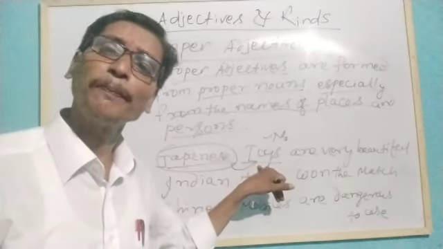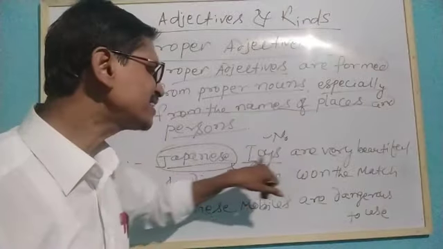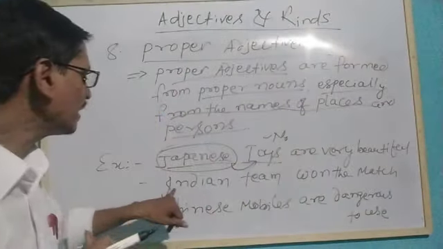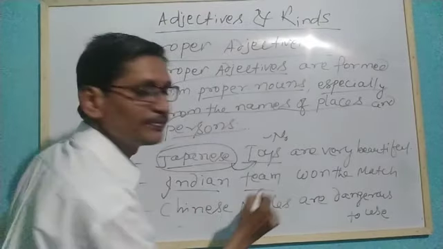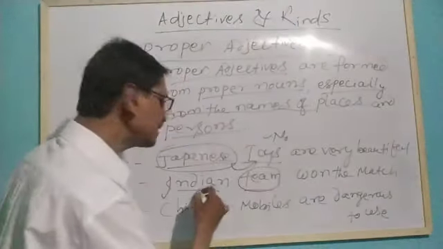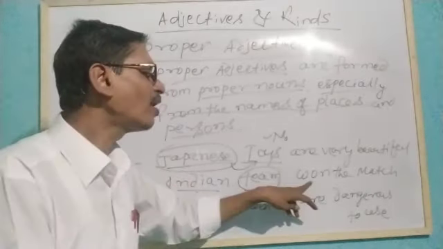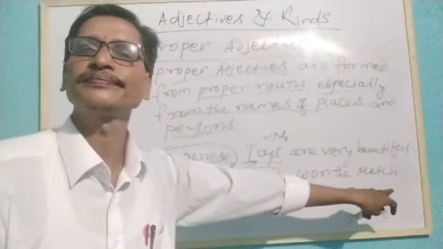Japanese toys are very beautiful. Similarly, Indian team: team is a noun, whereas Indian comes from a proper noun. The Indian team won the match.